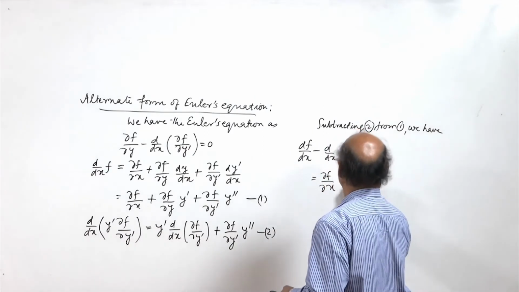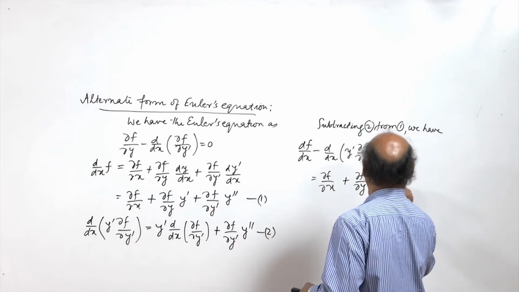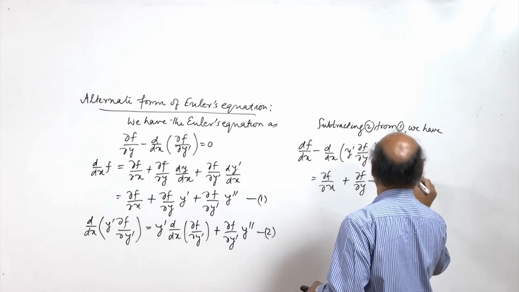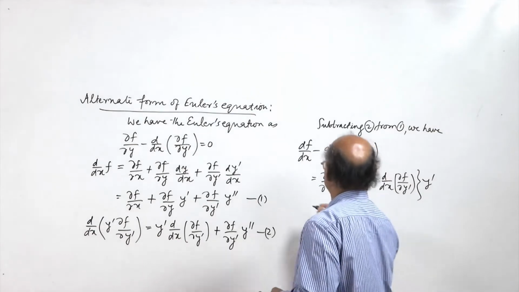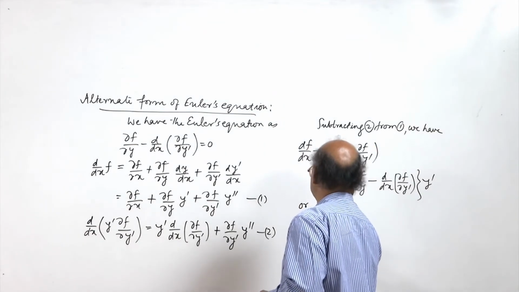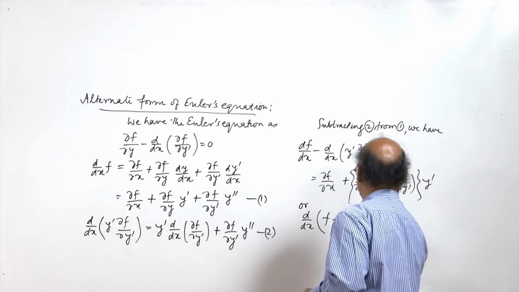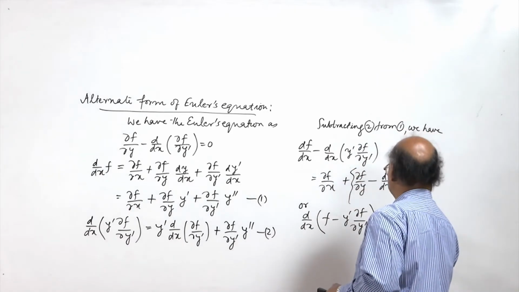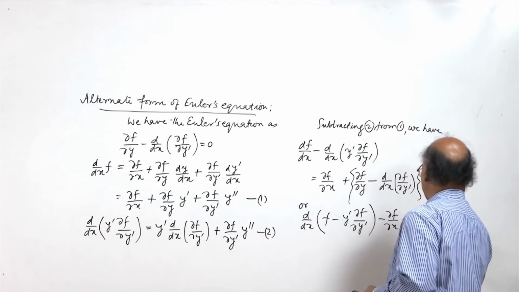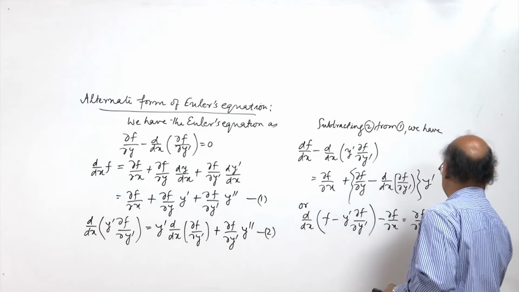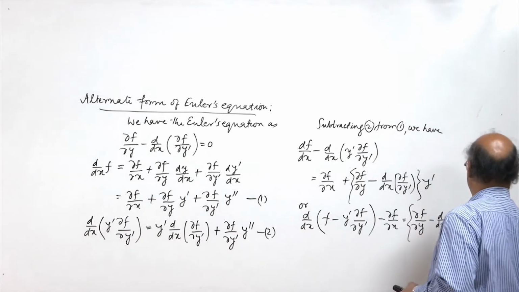∂f/∂x plus ∂f/∂y y' minus d/dx of ∂f/∂y' into y', or I can write it as d/dx of (f − y' ∂f/∂y'), that is the left hand side, minus ∂f/∂x equal to ∂f/∂y minus d/dx of ∂f/∂y' into y'.